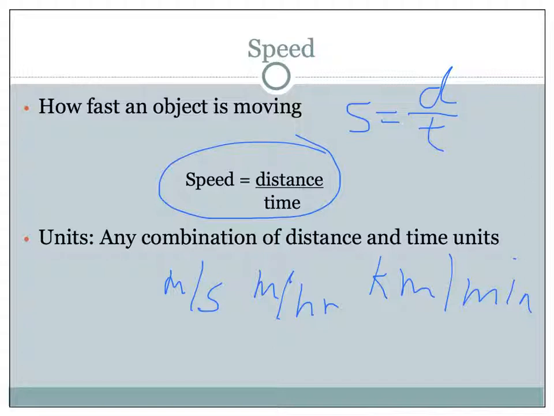It is scalar. When we talked about scalar already, we said scalar means it does not have anything to do with direction. So if you're asked for the speed of something, you're not being asked to tell the direction it's going, just how fast it's moving.